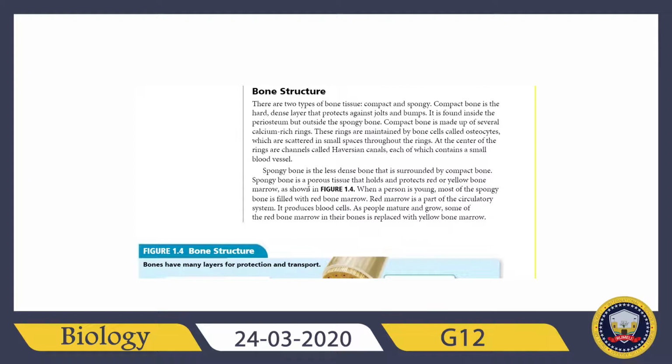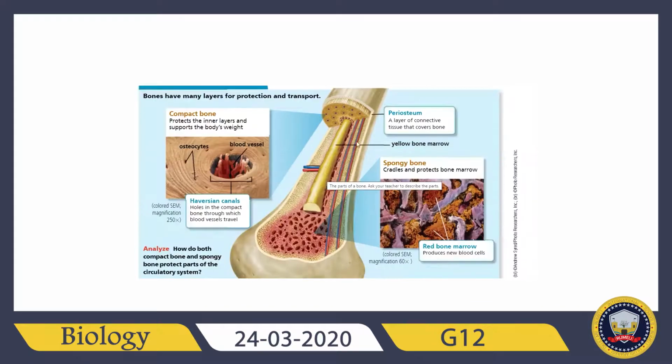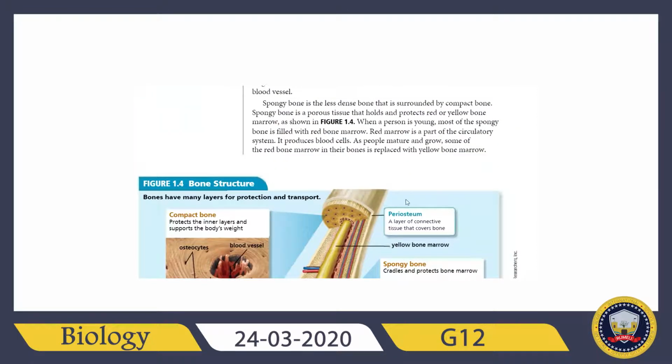Spongy bone is the less dense bone that is surrounded by compact bone. Spongy bone is a porous tissue that holds and protects red or yellow bone marrow. So this is the yellow bone marrow, this is the red bone marrow. As people mature and grow, some of the red bone marrow in their bones is replaced with yellow bone marrow.